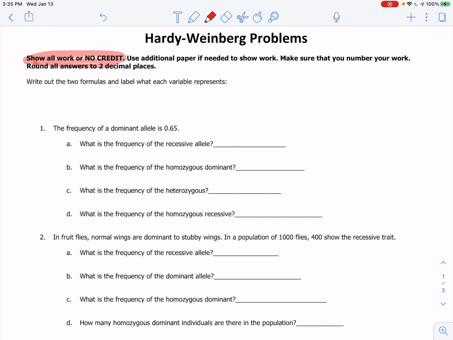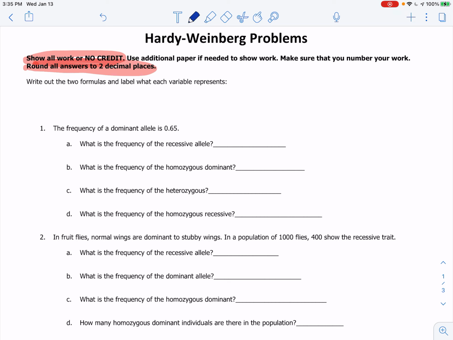So, make sure that you are showing all your work, step by step, and then you also have some practice and some guides for you when we put this in the practice for the lab we're going to do. And then also I want you to round all answers to two decimal places.